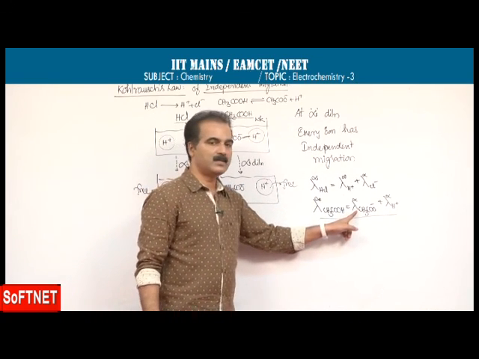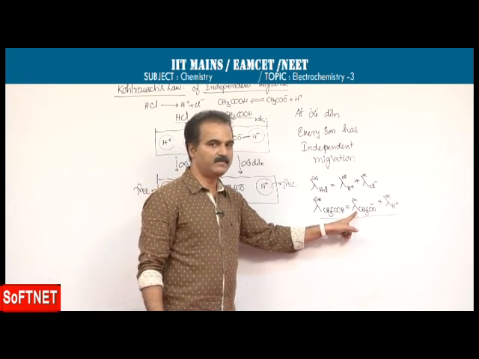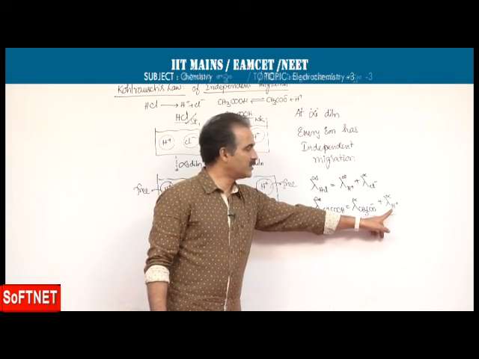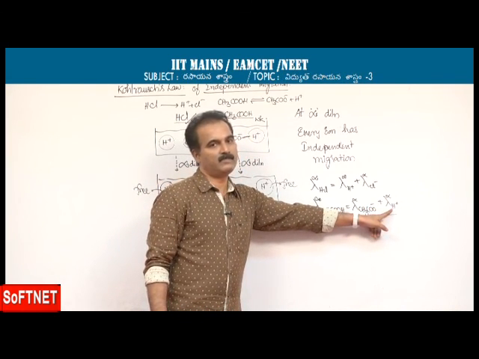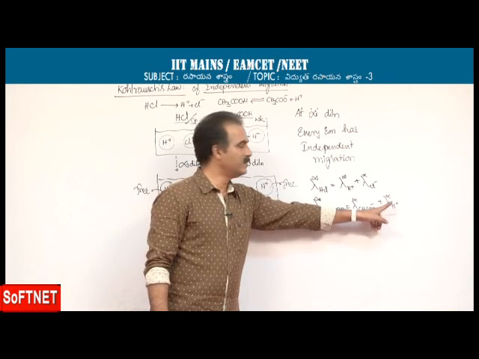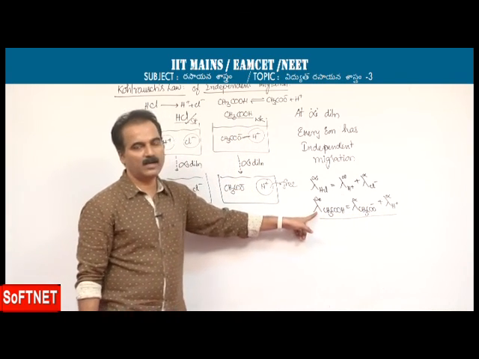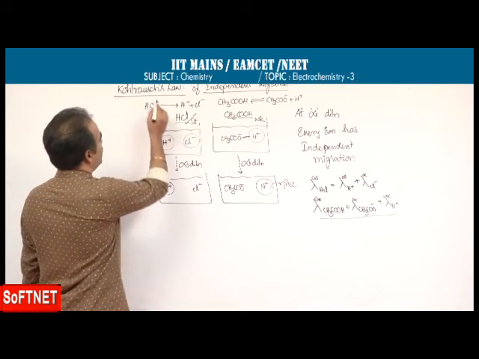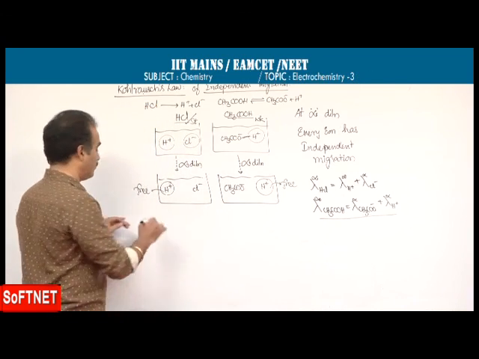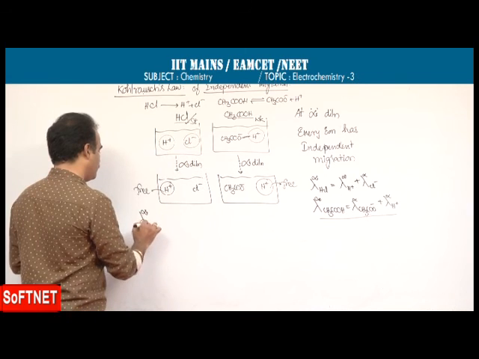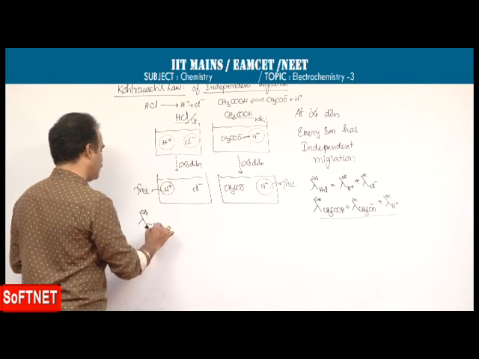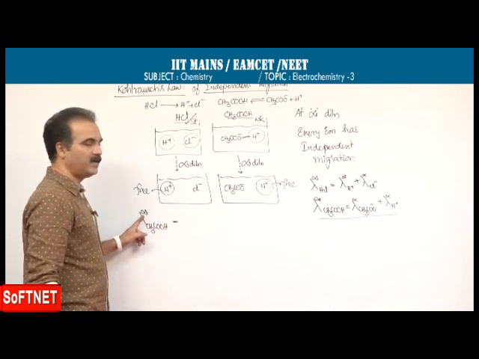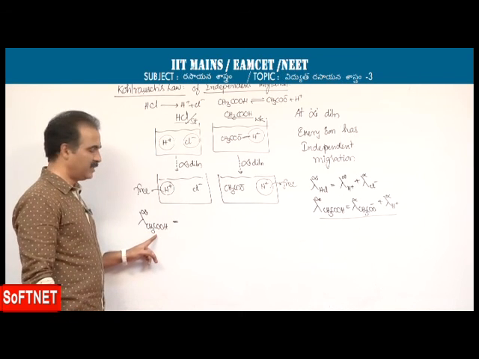The acetate ion's conductance at infinite dilution we should find from a strong electrolyte, and the H plus ion's conductance also should be found from a strong electrolyte. Summing them up we will get lambda infinity of acetic acid. So, you see what the application of Kohlrausch's law is. I want to know lambda infinity of acetic acid, that is, at infinite dilution what is the conductance of acetic acid.